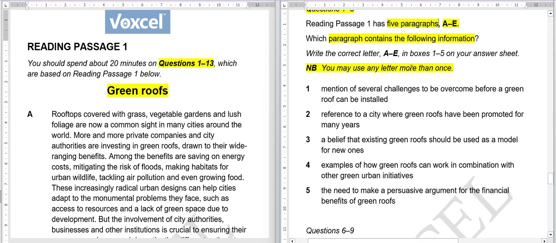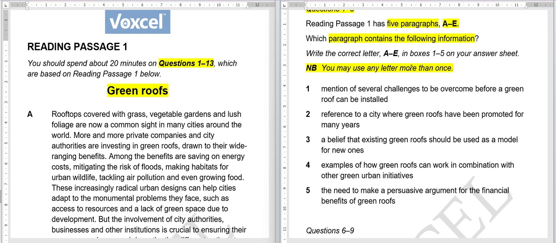That means if no paragraph gets repeated, we will have one answer for every paragraph. But because of this instruction, there is a 99.99% chance that one letter will be repeated. It's not 100% because nothing in IELTS is absolute unless it is stated like that.